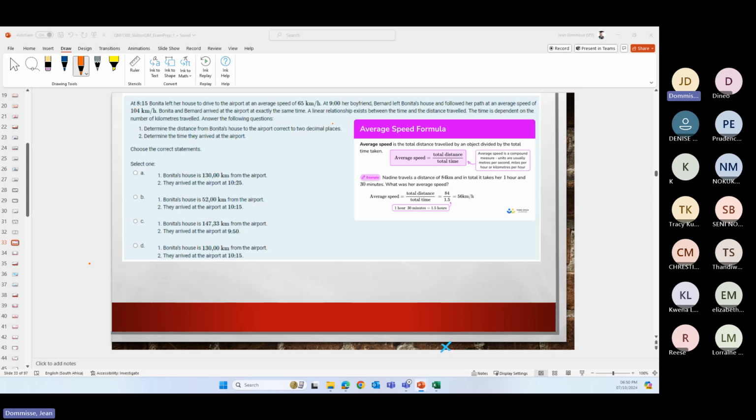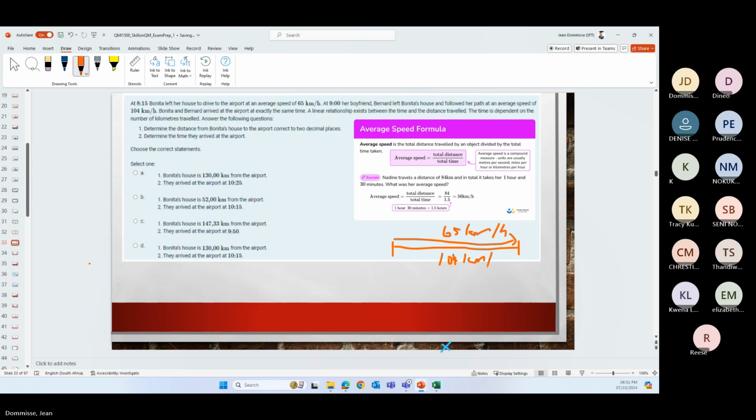But then we needed to look at them traveling a certain distance. So the one travels it at 65 kilometers an hour. The other one, in the same distance, so they are actually doing the same distance, does it at 104 kilometers an hour.